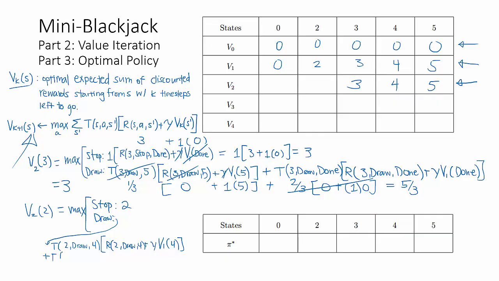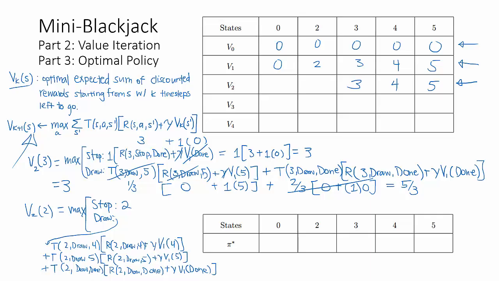plus t of 2, draw, 5, times the reward of 2, draw, 5, plus gamma v1 of 5, plus t of 2, draw, done, plus the reward of 2, draw, done, plus gamma times v1 of done.